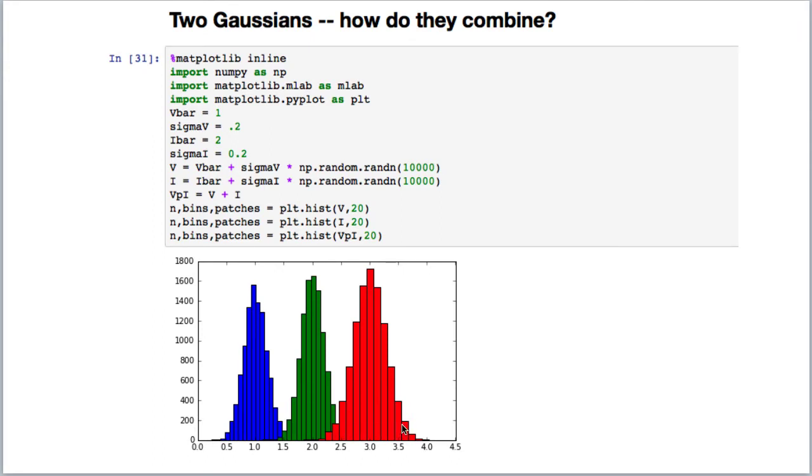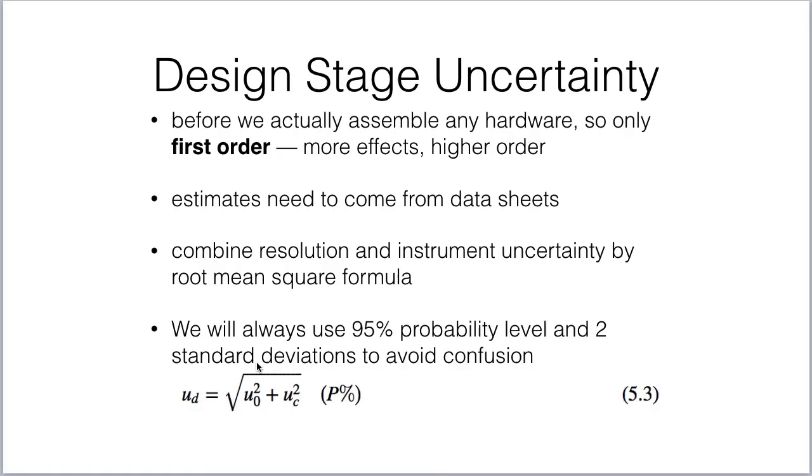We only get a smaller width because if we get a sample down here, it's probably going to be offset by a sample on the opposite side of this distribution. So this resulting distribution will be narrower than we expected. And that's what's accounted for by this root mean square summation of uncertainties.